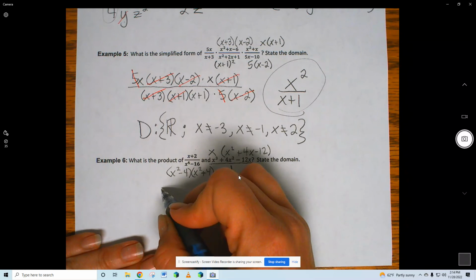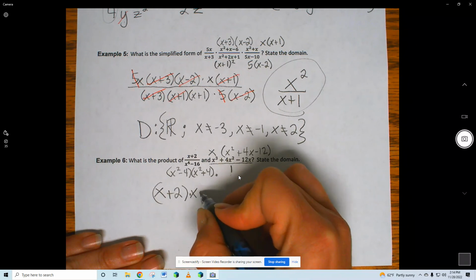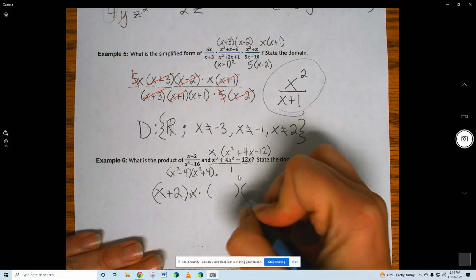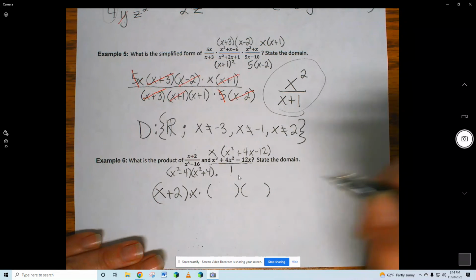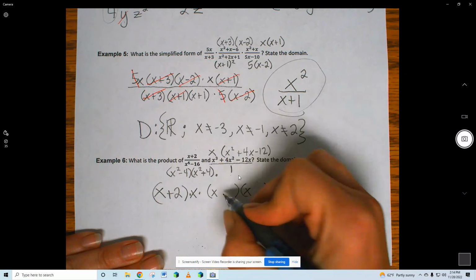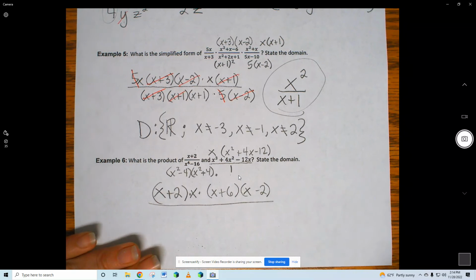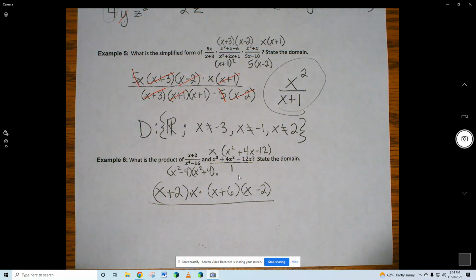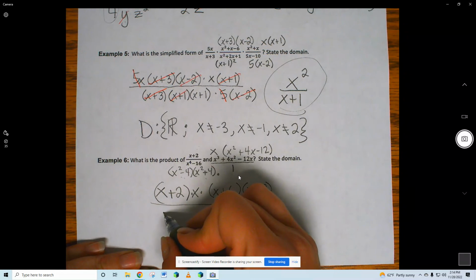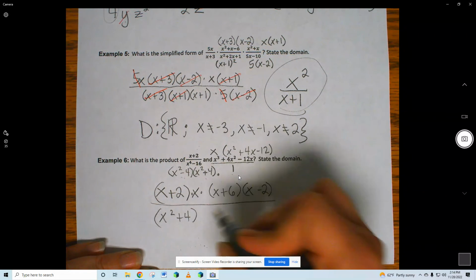Okay, write out the numerator, factored completely. Multiplies to make negative 12, adds up to 4. Positive 6 and negative 2. Now in my denominator, x squared plus 4, I'm going to leave.